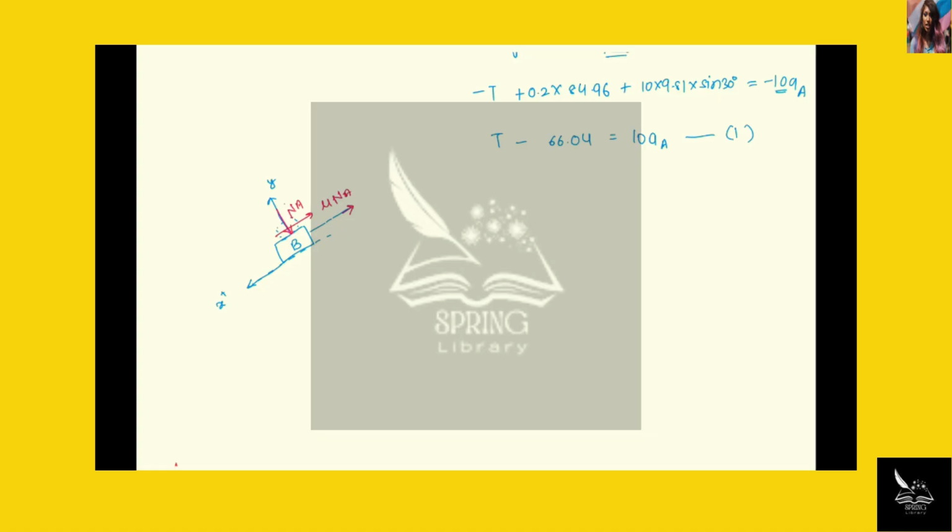Also, with respect to the surface, it is moving downwards, so we'll have friction here, mu times N_B. Now we have our gravitational force acting vertically downwards, so let's take it as m_B g, and normal force N_B acting perpendicular to the surface.